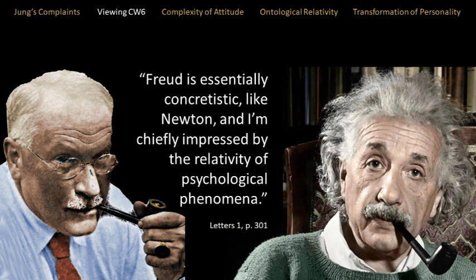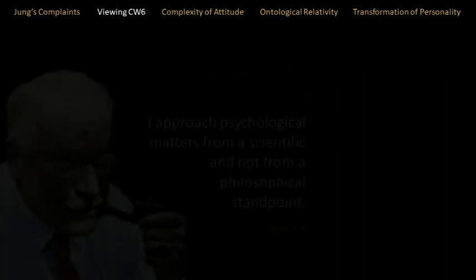In later years, when a correspondent compared Isaac Newton with Freud and Albert Einstein with Jung, Jung liked the analogy and wrote, "Freud is essentially concretistic, like Newton, and I'm chiefly impressed by the relativity of psychological phenomena." Both Einstein's approach and the innovative nature of his theories had an influence on Jung.